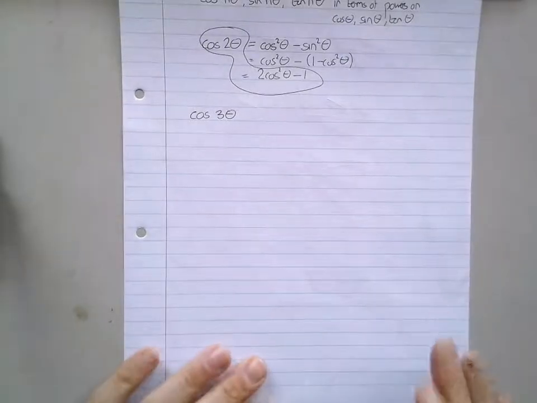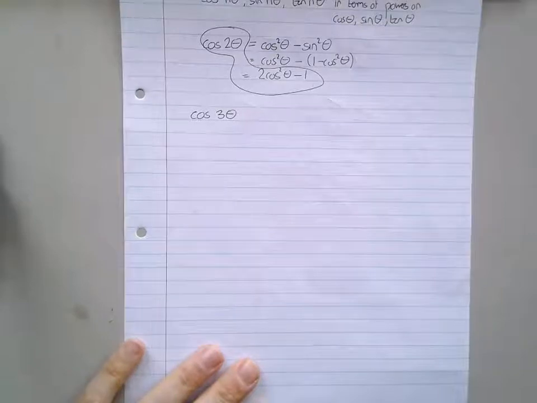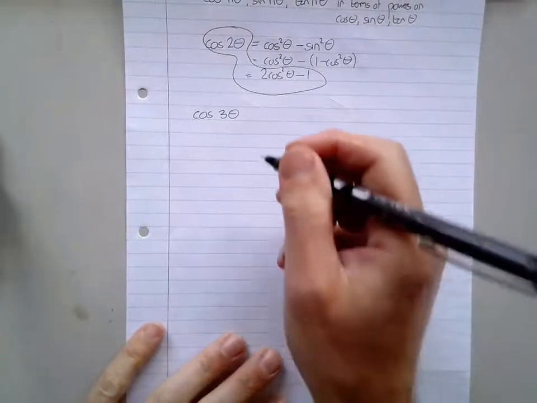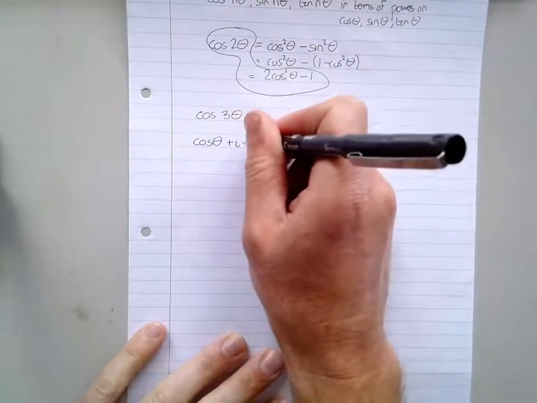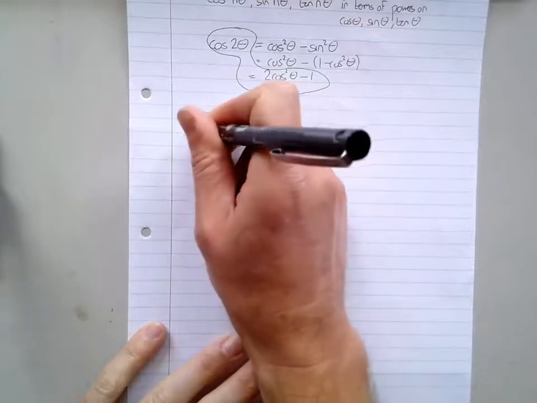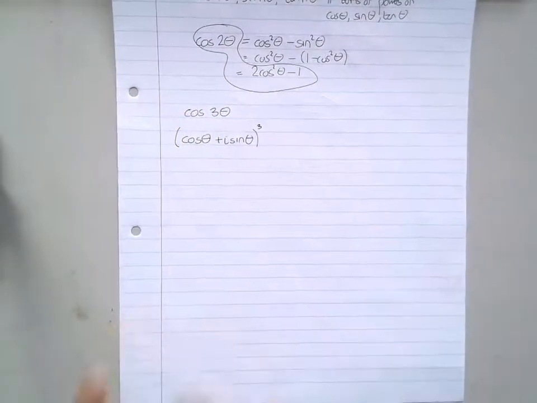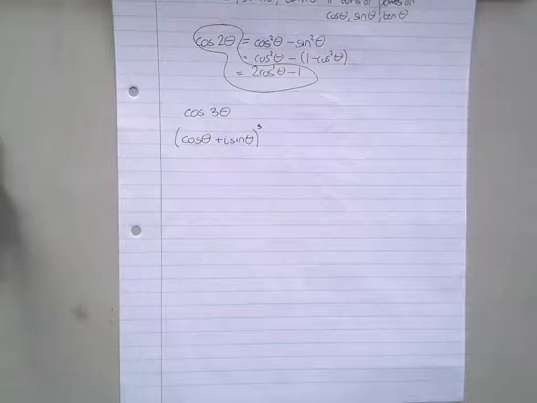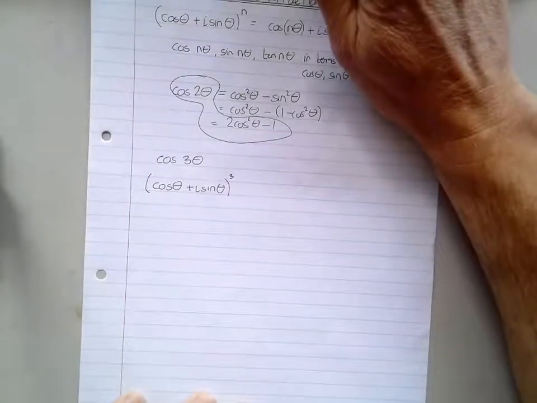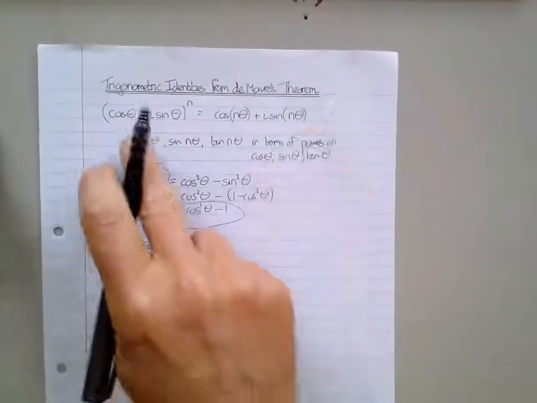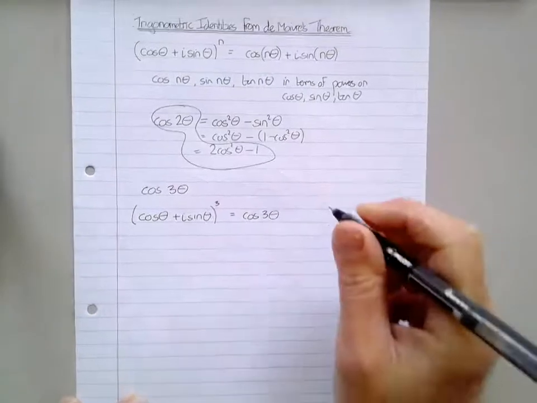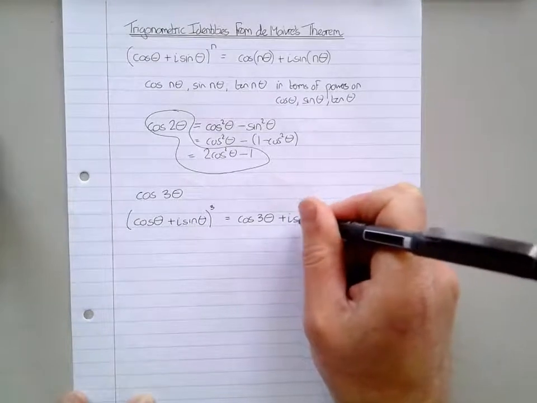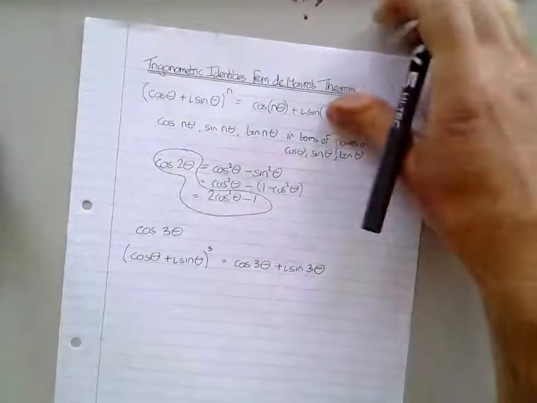What you do is you start off by writing (cos theta plus i sine theta) cubed, like that. And then, because of De Moivre's theorem that I wrote at the top of the page, that is the same as cos 3 theta plus i sine 3 theta.